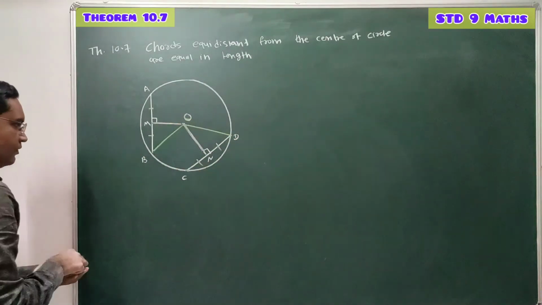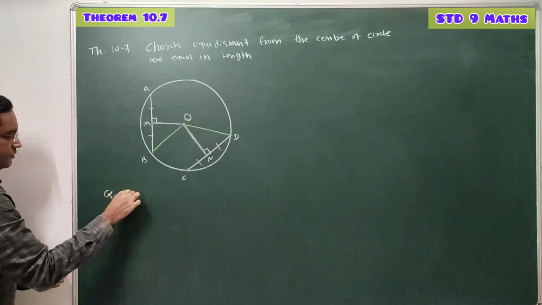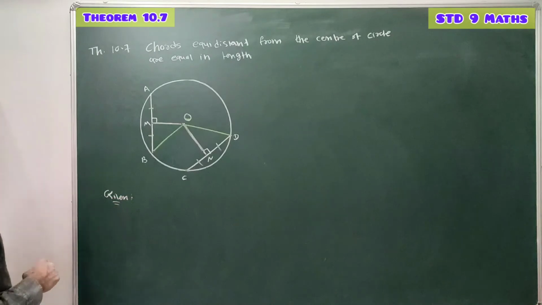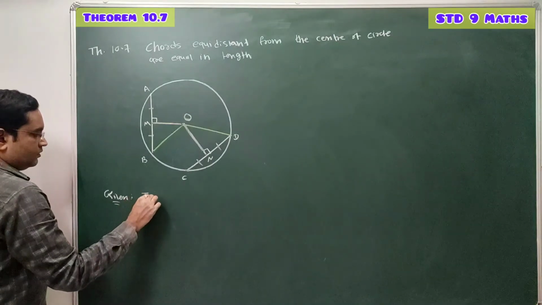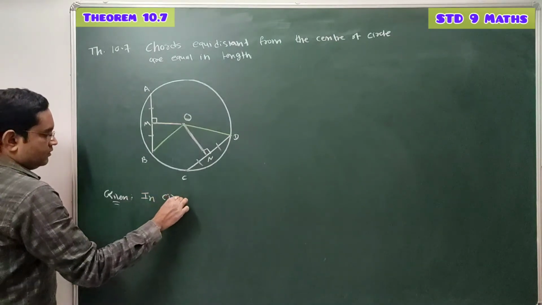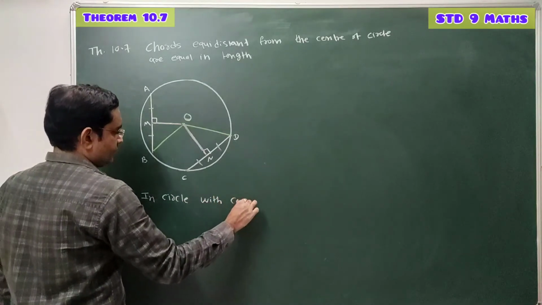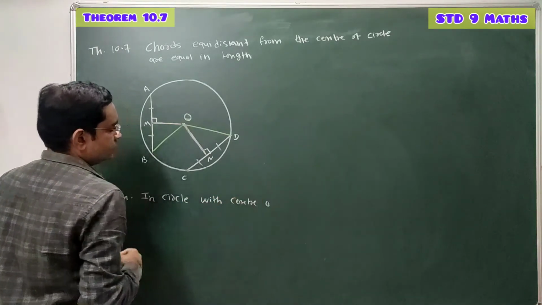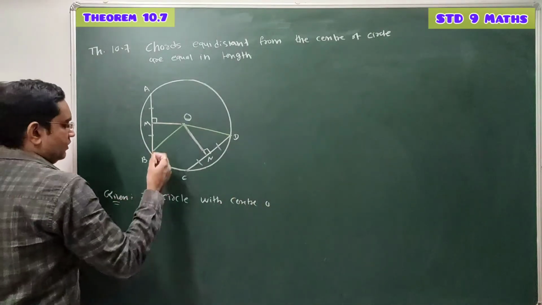Now, given: chords equidistant from the center. In the circle with center O, the distances of the chords from the center are equal.